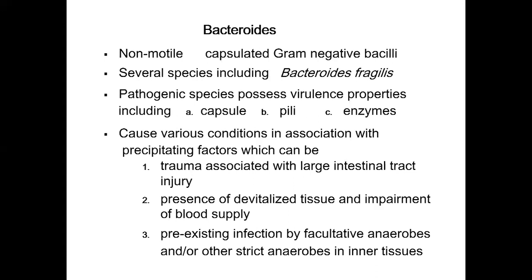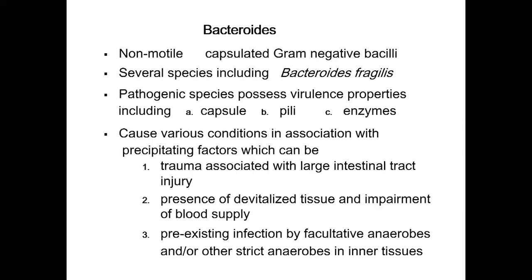Secondly, the presence of devitalized tissue and the impairment of blood supply also creates an environment that is suitable for the multiplication and disease production. And most of the time, again, it could be associated with injury of some sort.